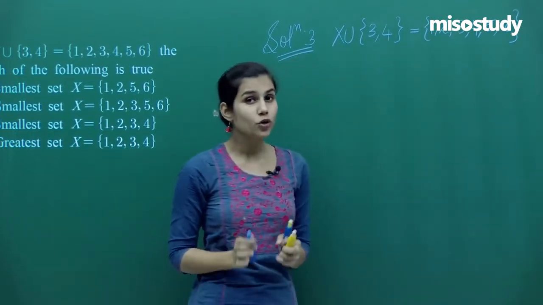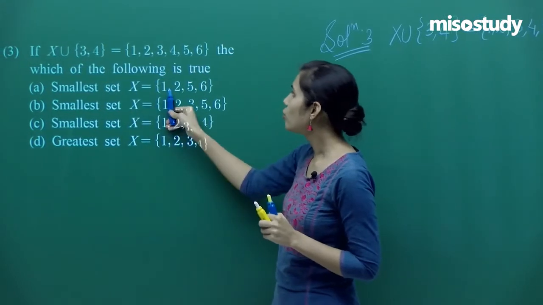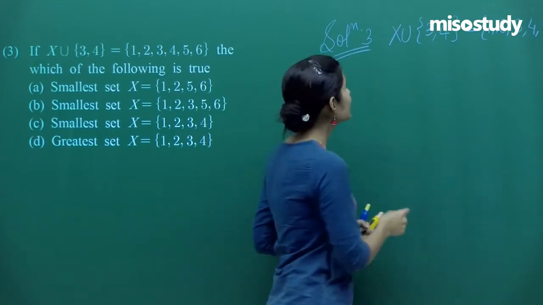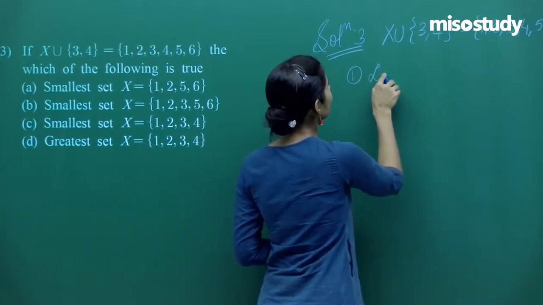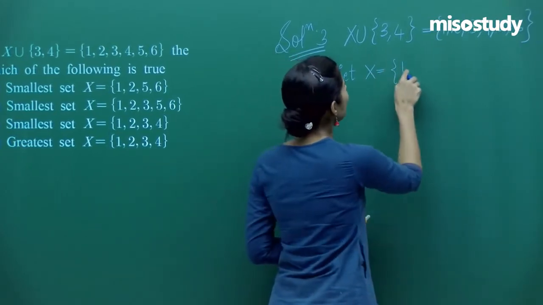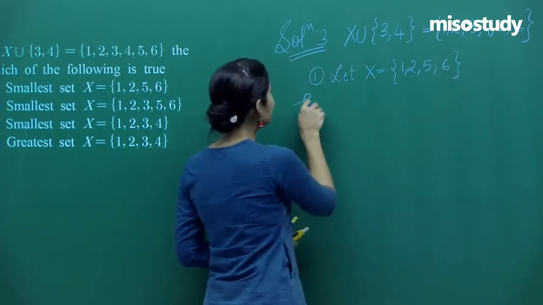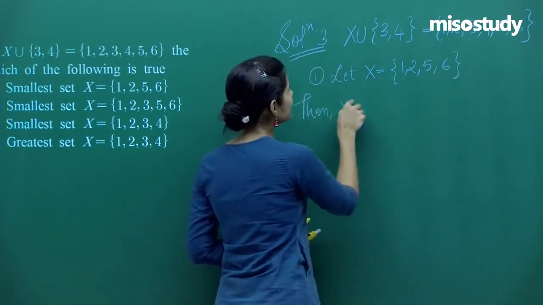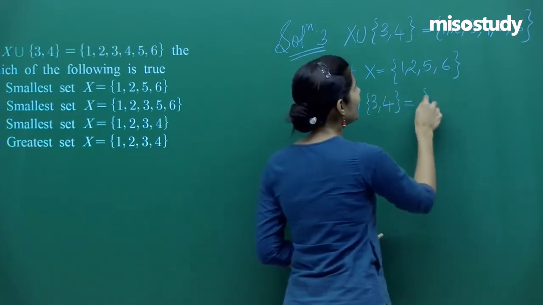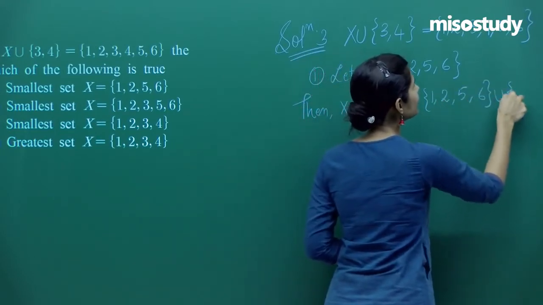Now let us try and look at the options. The first option is if I take X equal to 1, 2, 5 and 6, will this condition still be true? So firstly, let my X be equal to the first option, which is 1, 2, 5 and 6. Then X union 3, 4 is 1, 2, 5, 6 union 3, 4.